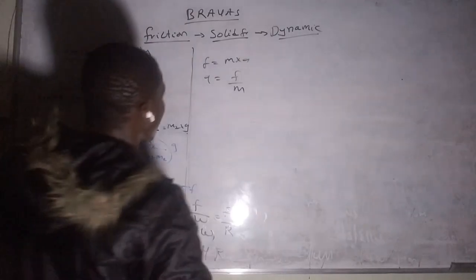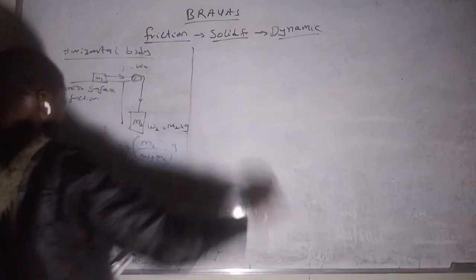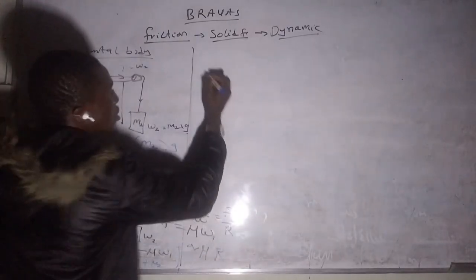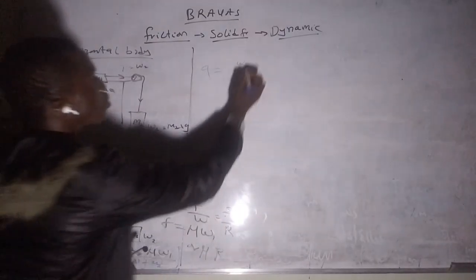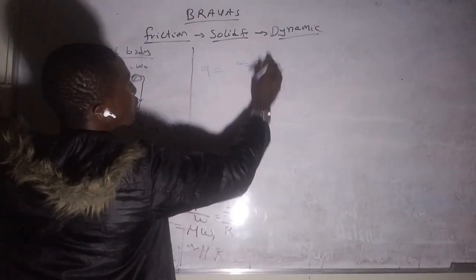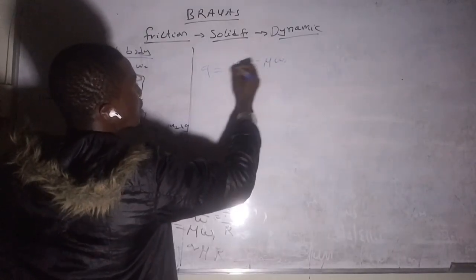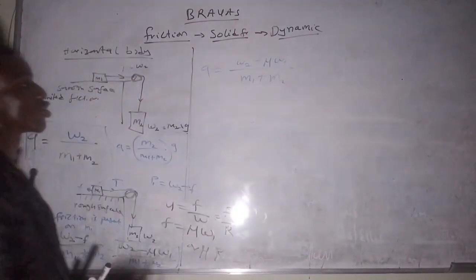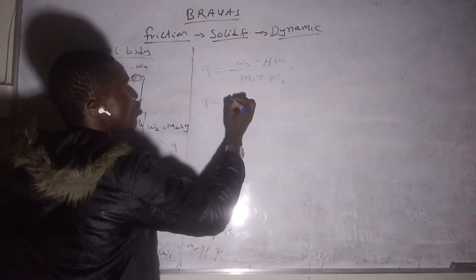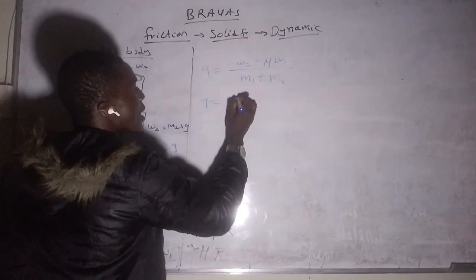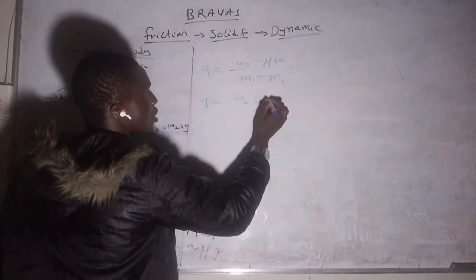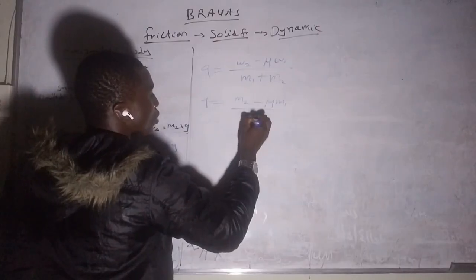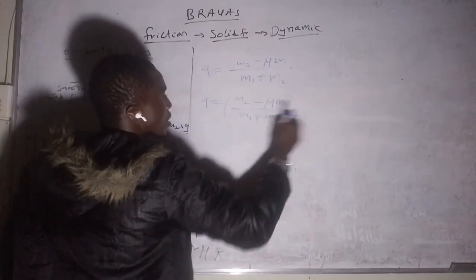So for the second one, the formula is that acceleration equals W2 minus the coefficient times W1, everything over M1 plus M2. Do you get it? Or you do it like this: acceleration equals g times M2 minus the coefficient times M1, everything over M1 plus M2, all close bracket.